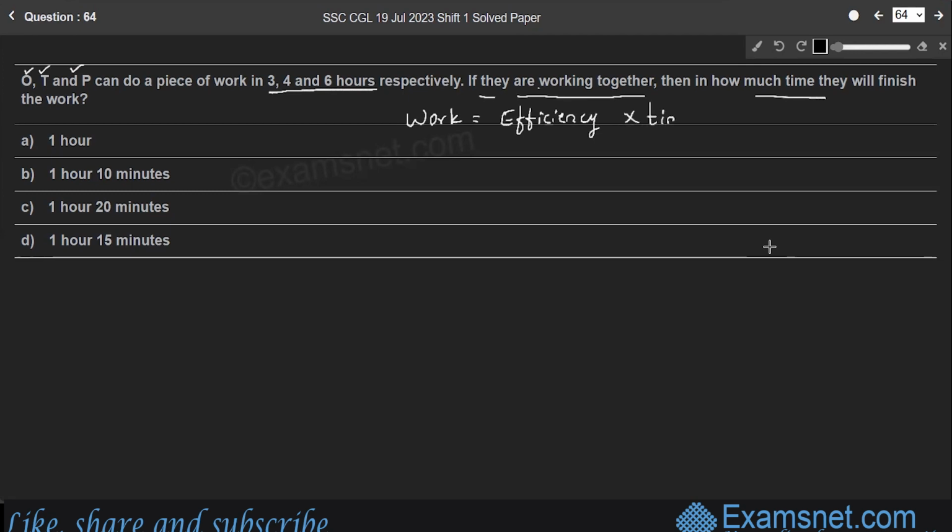Efficiency is the work done by a particular person per unit time, here in 1 hour. So work done in 1 hour into total time taken is nothing but total work.